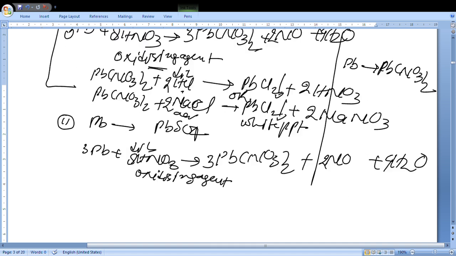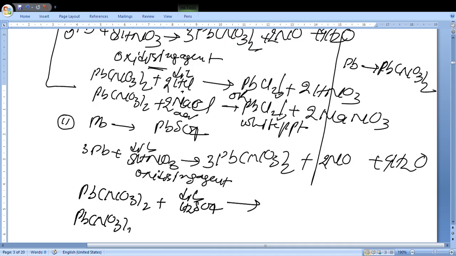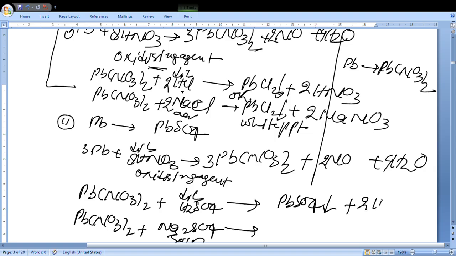Similarly, if you take Pb to PbSO4, first you have to convert it into nitrate. Then the nitrate will be treated with either dilute H2SO4 or Na2SO4 solution to give PbSO4 as a white precipitate plus 2HNO3, or PbSO4 as a white precipitate plus 2NaNO3 will be formed.